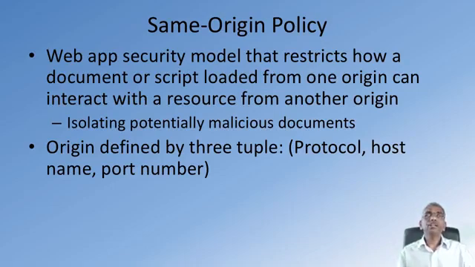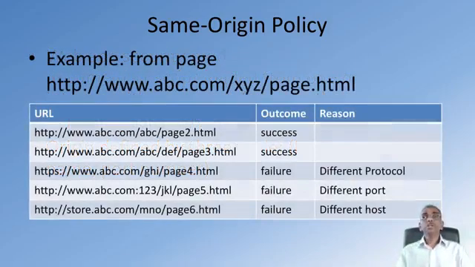And thirdly, the port number at which that resource is being accessed. So this is how we identify the origin of any resource. Resource in this case could be an HTML page, an image, JSON data being obtained from a REST API endpoint, and many more. To further elaborate on the same origin policy, let's look at an example.